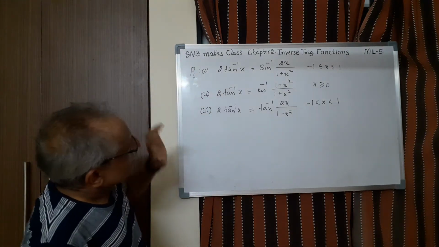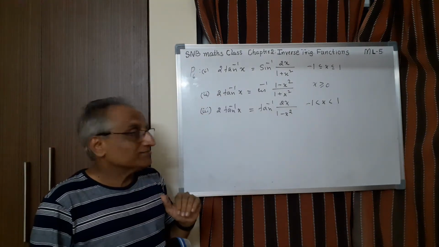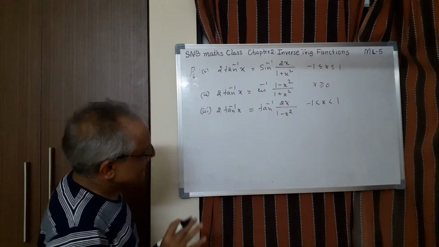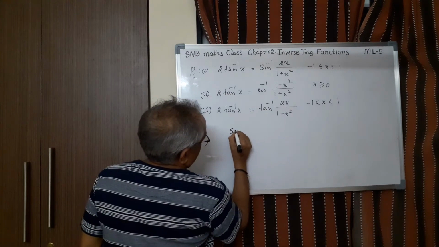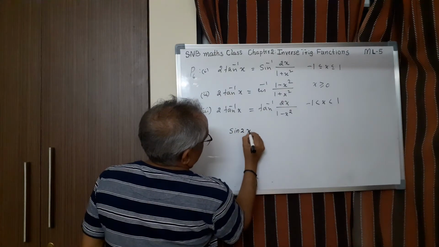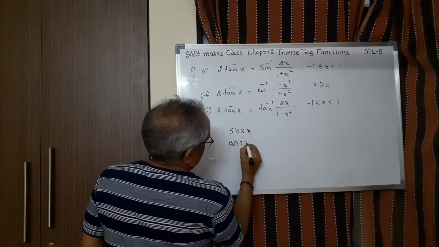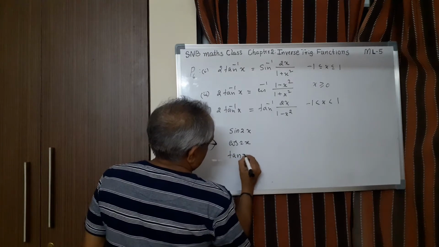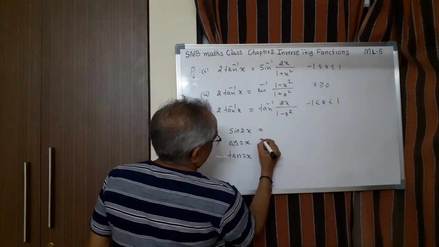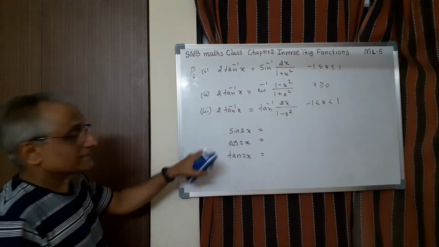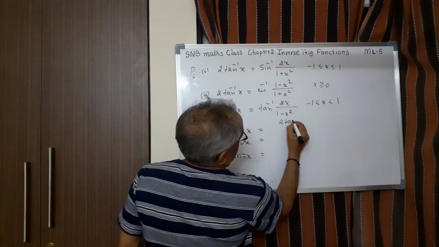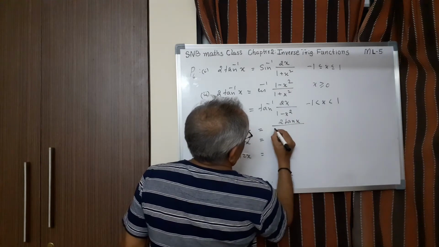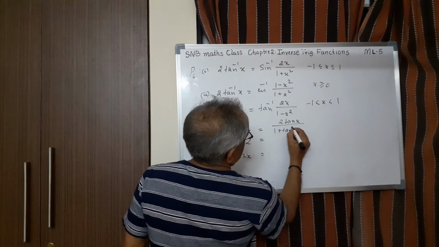Now if you remember, in first PUC you have studied 3 formulas connecting sine 2x, cos 2x and tan 2x. We have proved all these 3 formulas. What is sine 2x? It is 2 tan x divided by 1 plus tan square x.